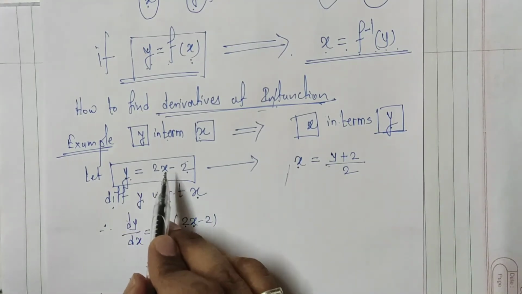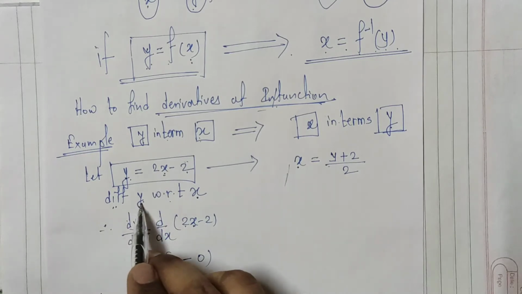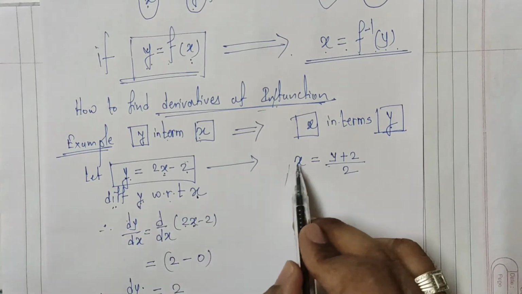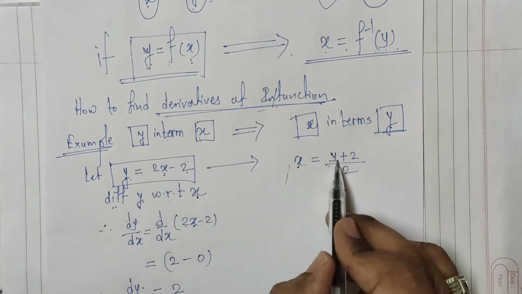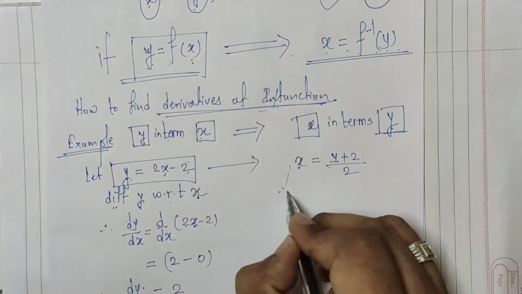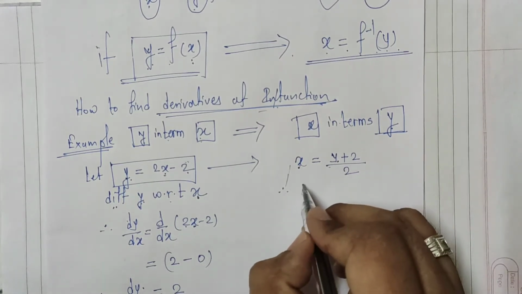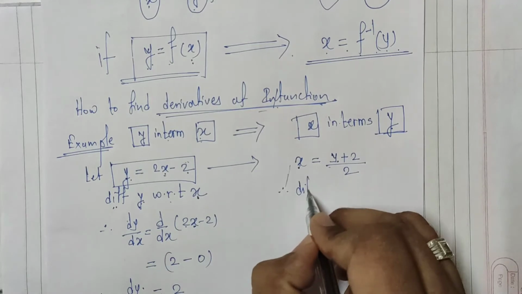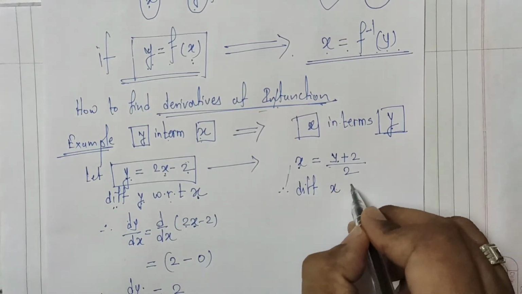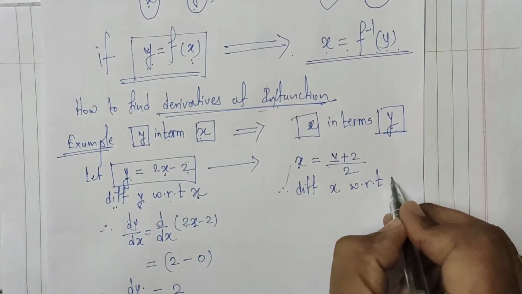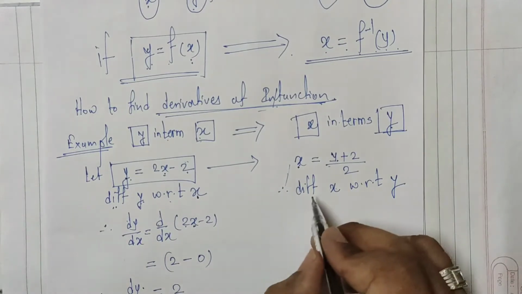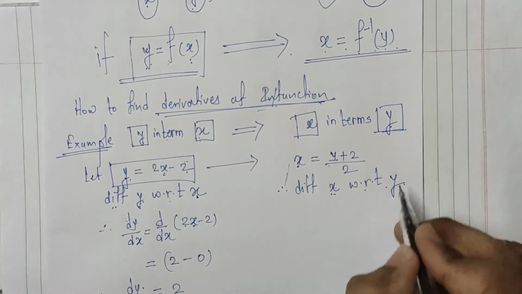Here y is a function of x, so you differentiate y with respect to x, but here the function is x in terms of y. Therefore you will differentiate x with respect to y.